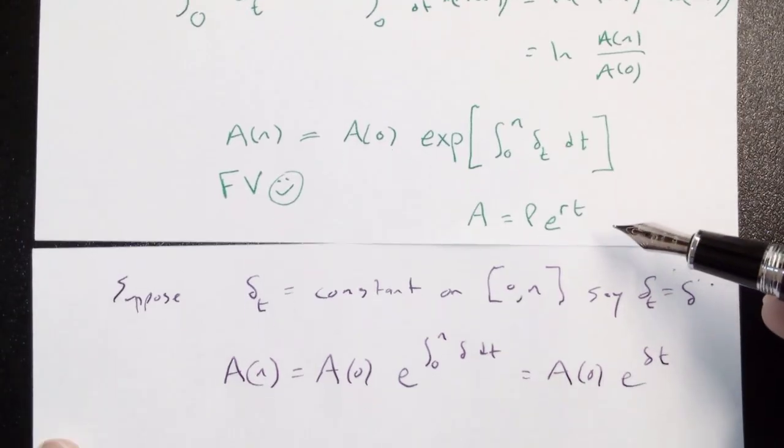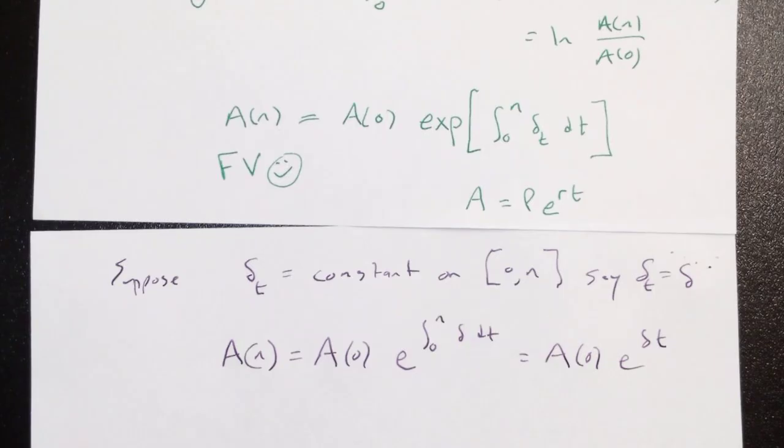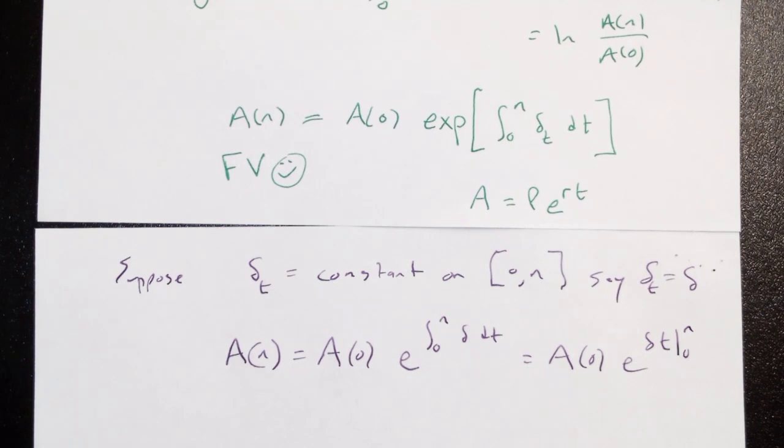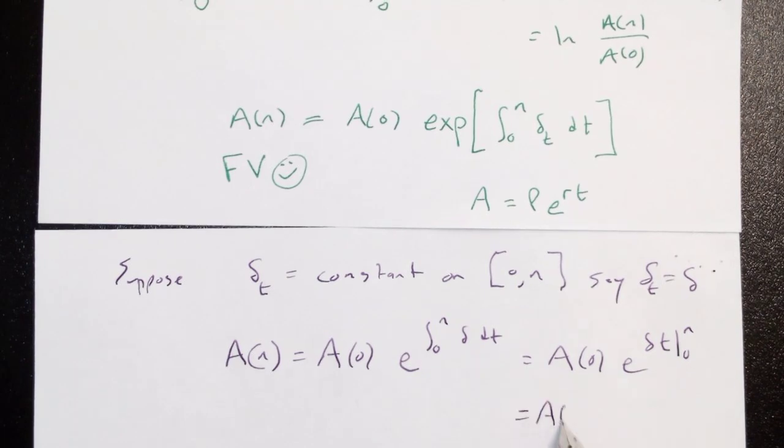There's this formula showing up right there. Oh, wait a minute. I forgot that we're going to n. So I have to evaluate this from 0 to n, which makes this a0 e to the delta times n minus delta times 0. Times 0 is just 0.